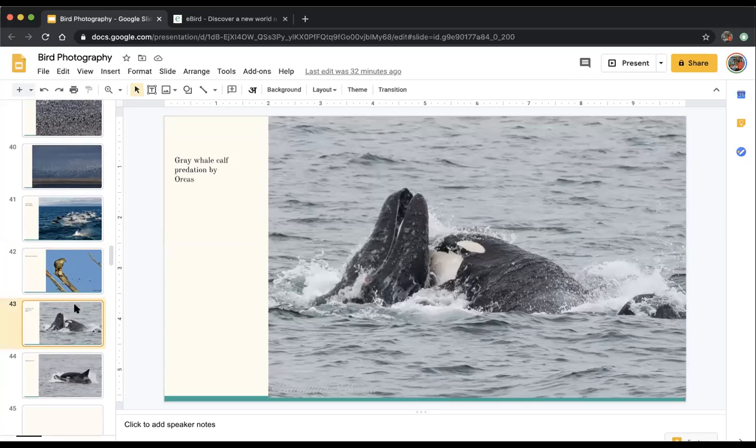Absolutely, we will. This was also a unique experience, but these are orcas or killer whales preying on a gray whale calf.